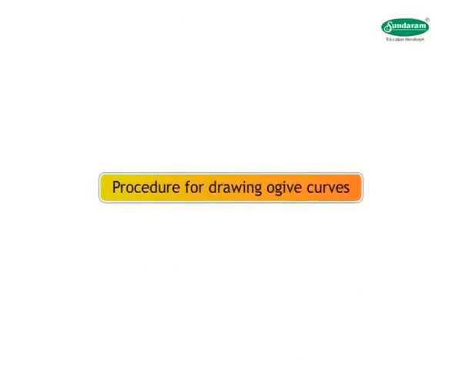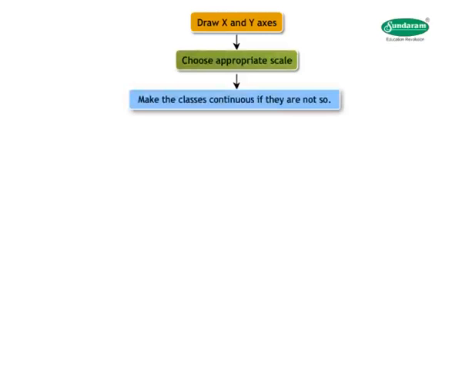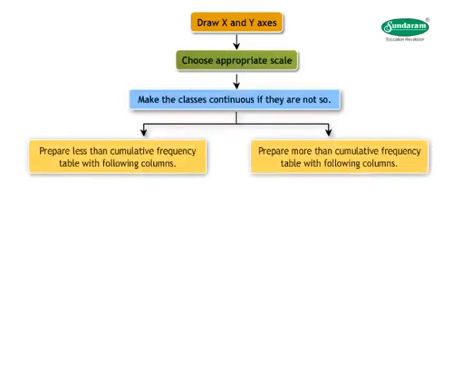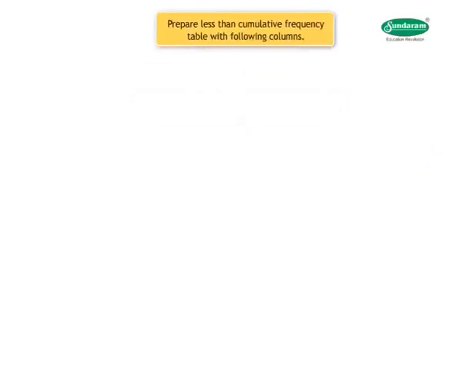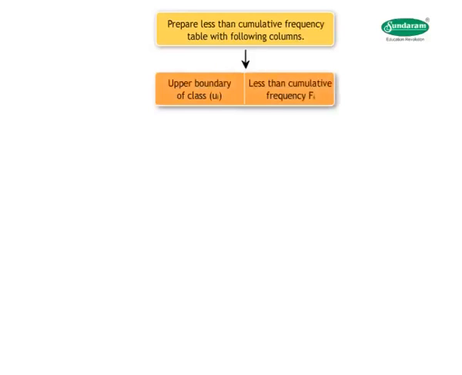Now let's look at the procedure for drawing Ogive curves. First, draw x-axis and y-axis. Then choose appropriate scales. Then make the classes continuous if they are not so. Then prepare the less than type cumulative frequency table with the following columns: upper boundary of class U1, less than cumulative frequency F1.